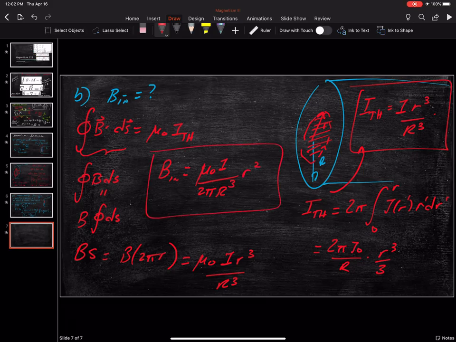Notice, when little r equals big R, B inside at R is equal to B outside at R. So see how it goes? Nothing to it. Not so bad.